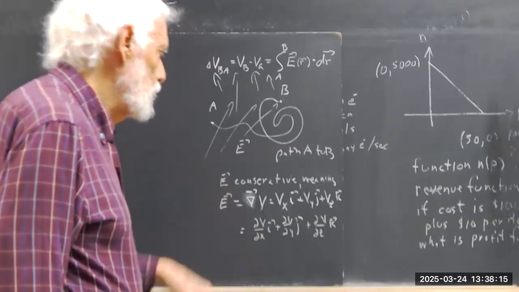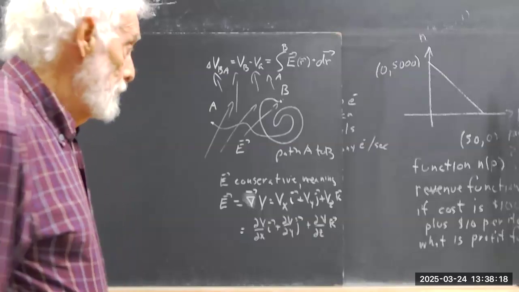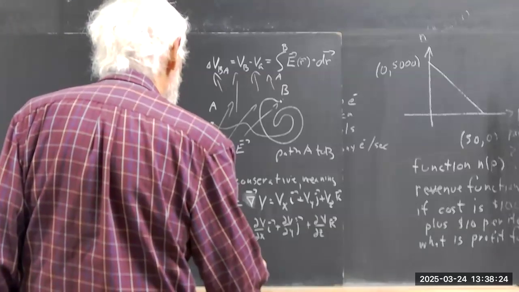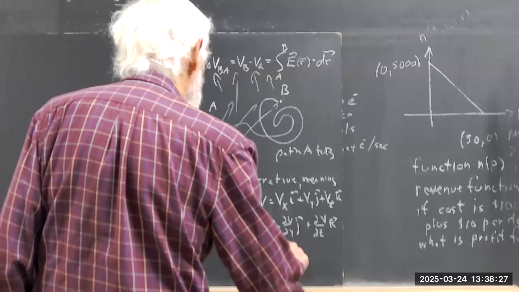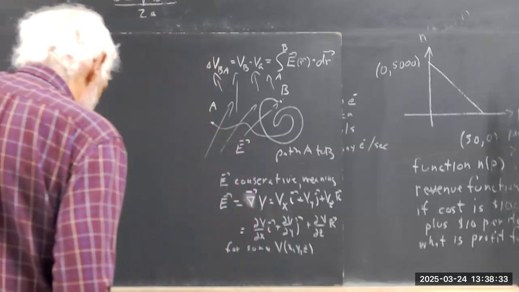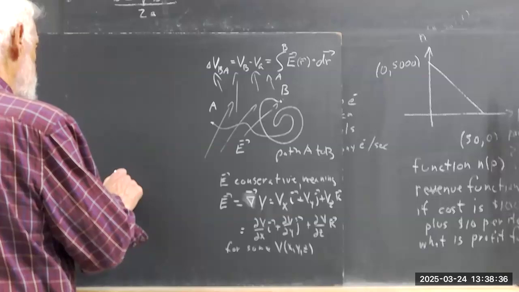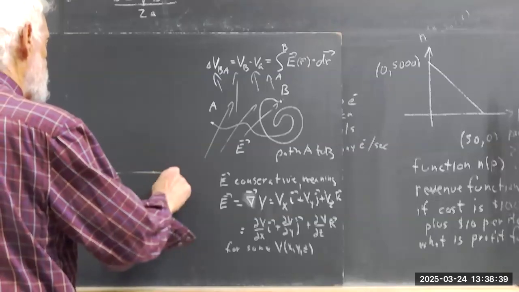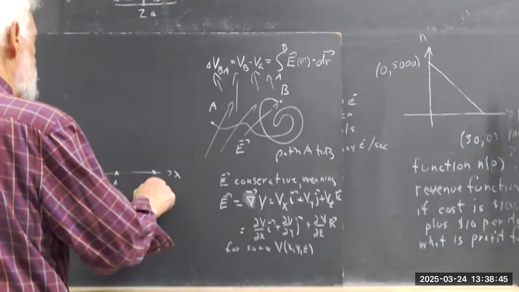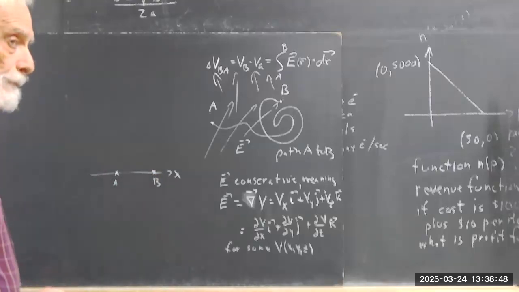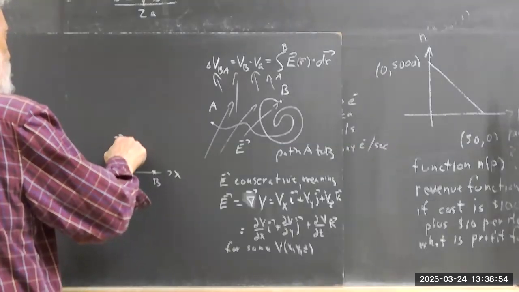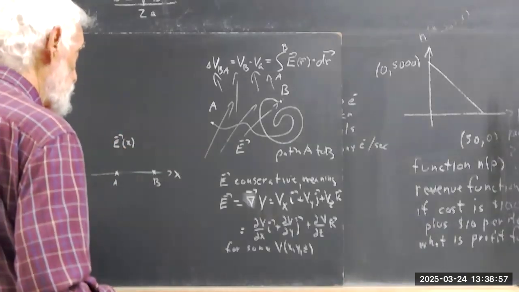Now let me ask, why does this make sense? Okay, here's point A, here's point B. Some electric field, E of x.